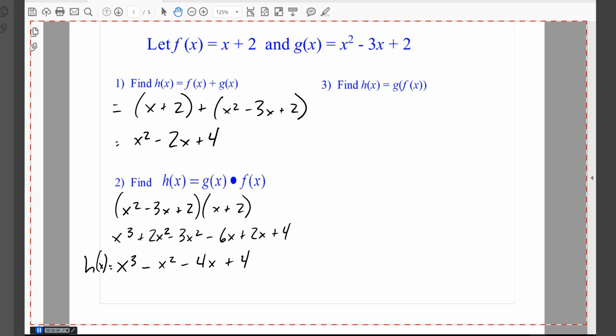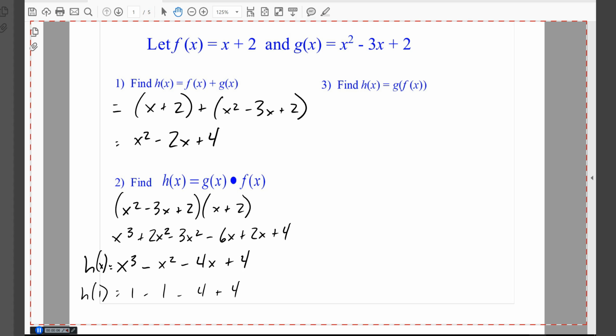If I knew what x was, and it was going to be the result of multiplying this function times this function, I can find it out by just plugging it in here, right? So if x was 1, h of 1 would be equal to 1 minus 1 minus 4 plus 4. So actually it would be equal to 0, right?